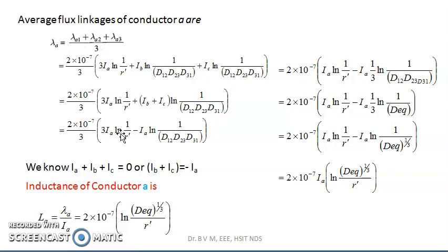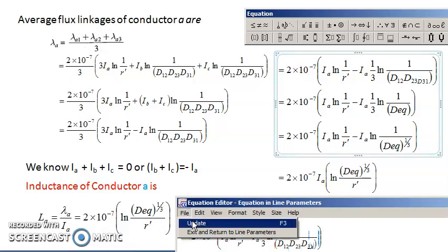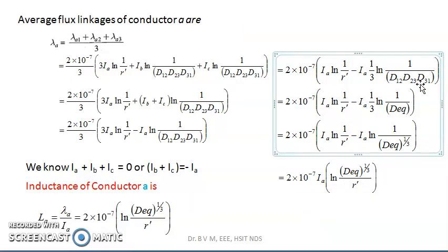What remains is IA log of 1 by R dash minus IA times 1 by 3 log of 1 by D12 into D23 into D31. I have taken D12, D23 and D31 as a D equivalent.